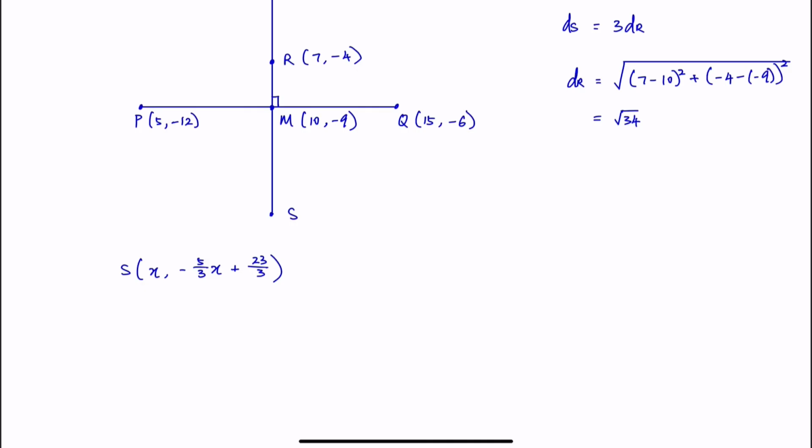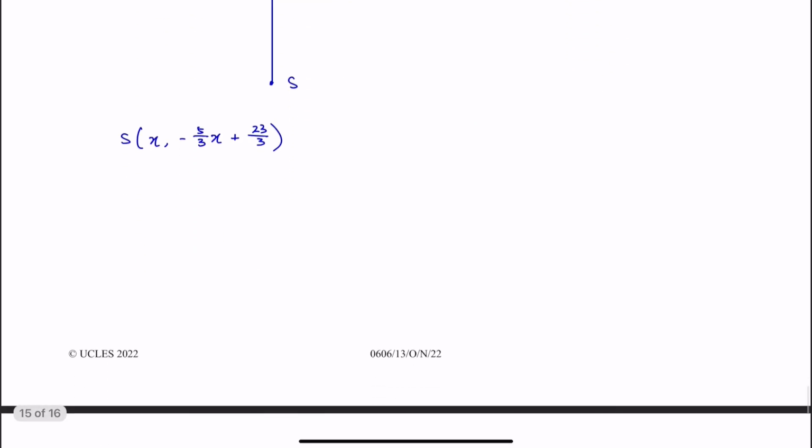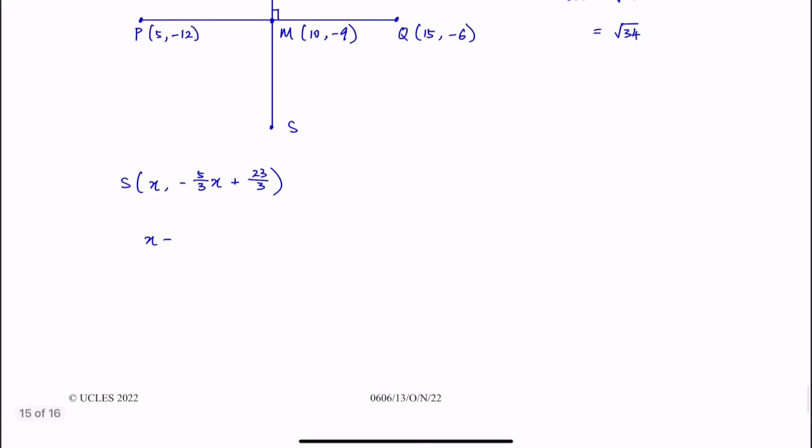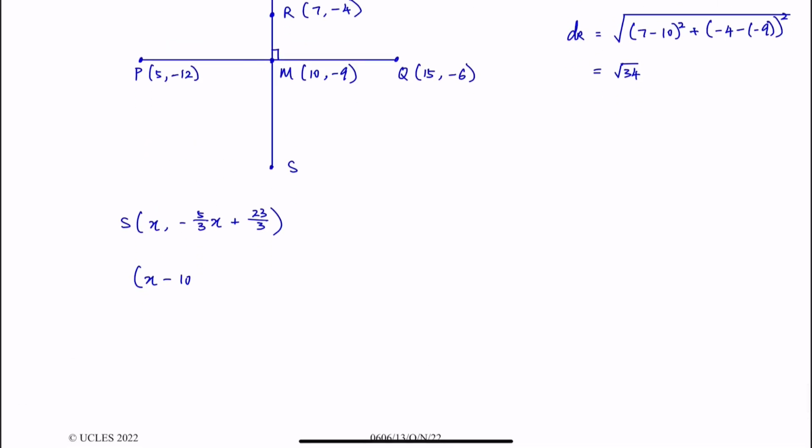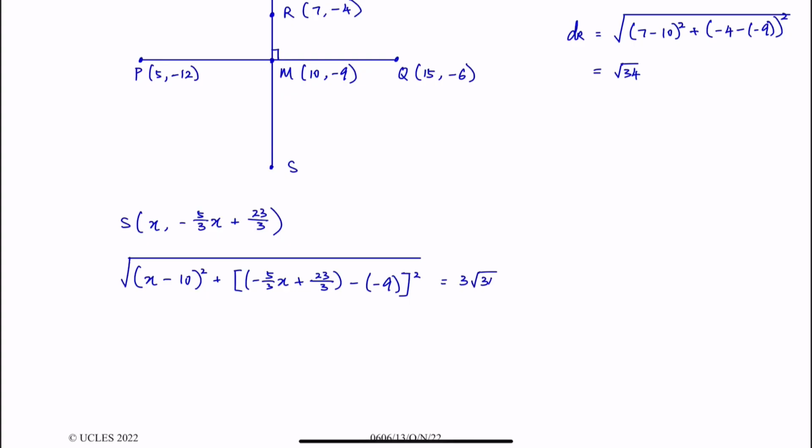So the distance S from PQ can be written as the square root of (x minus 10) squared plus (-5 over 3 x minus 23 over 3 minus -9) squared. This is equal to 3 root 34.